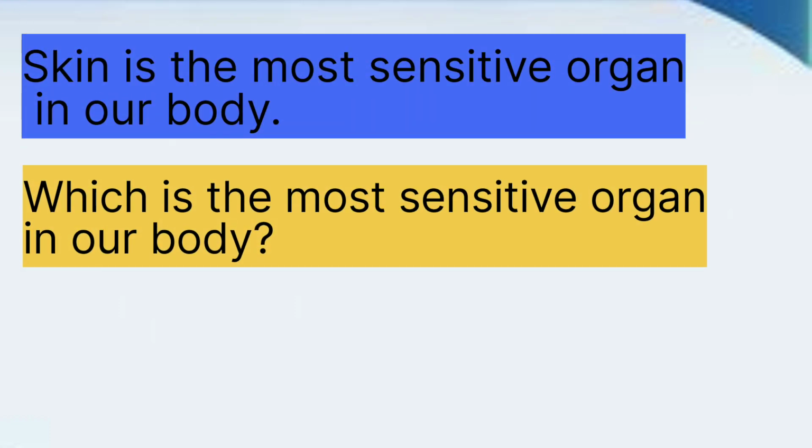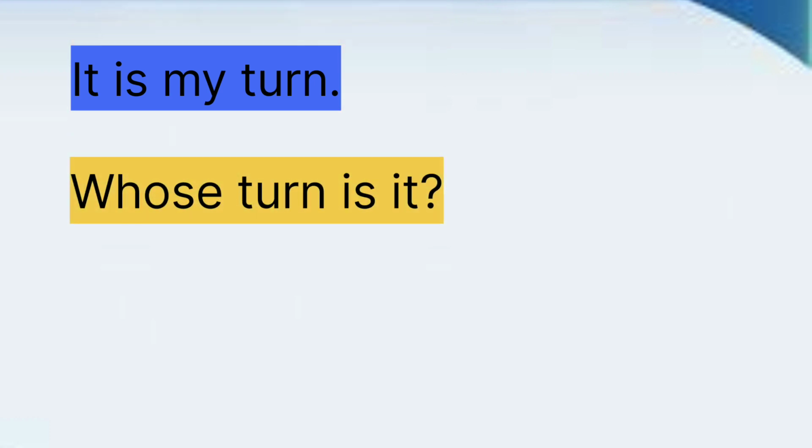Which is the most sensitive organ in our body? Next example. It is my turn. The underlined part is my turn. The question is, whose turn is it? Here we have followed WH word plus noun plus auxiliary verb plus subject, at the end question mark.